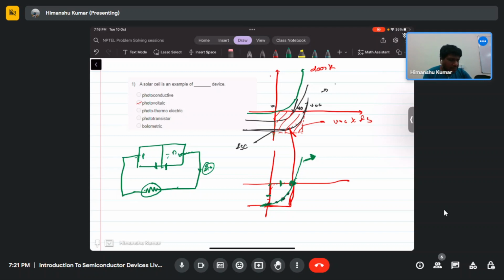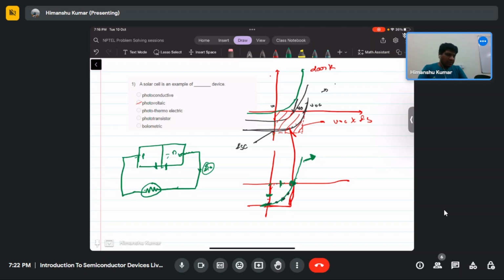But exactly which point you will operate at is decided by the resistance of the load, or the load line, similar to your amplifier. How much load you connect, your operating point may get changed. That's why in an amplifier also this loading effect is there.